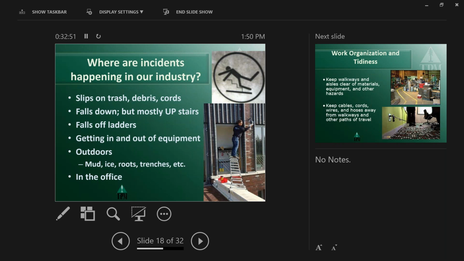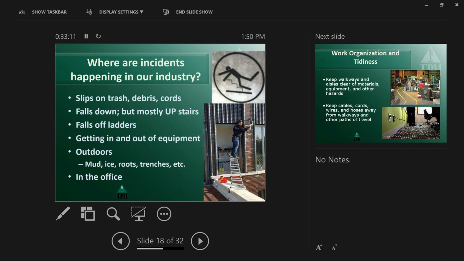So in our industry, pulling the workers' comp claims that I could and analyzing where these incidents are happening, a lot of it is slipping on trash, debris, cords, lumber, stickers. That would be the most common.